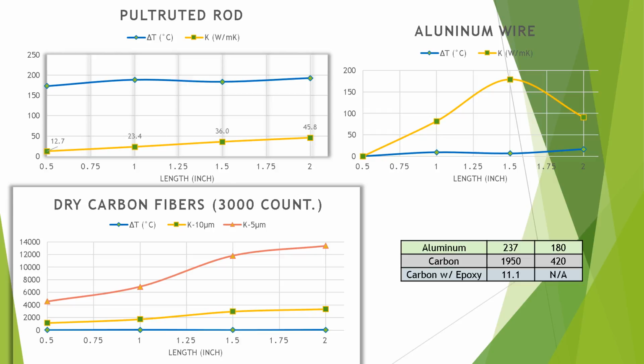And finally, our dry carbon fiber. Now, interesting about dry carbon fiber, they come in what they call tows. In our case, it's a 3,000 count of individual carbon fibers, all bound together. And the average diameter of a carbon fiber is in between 5 microns and 10 microns.